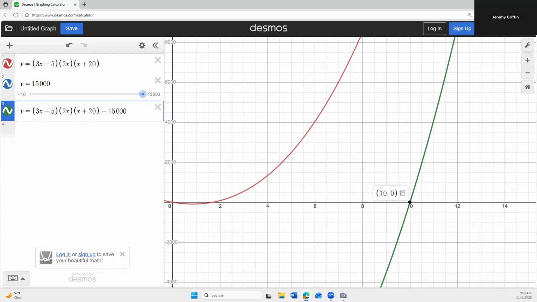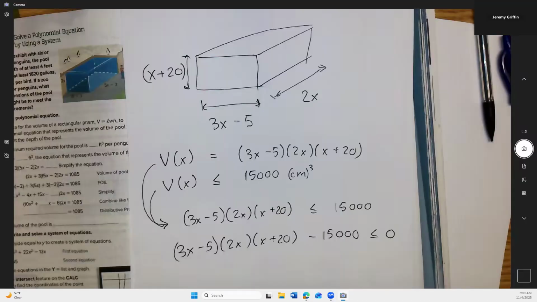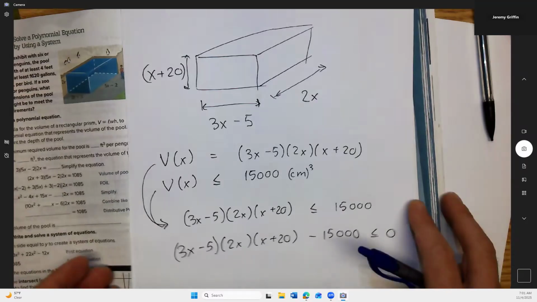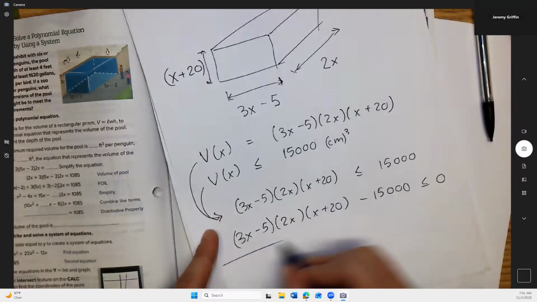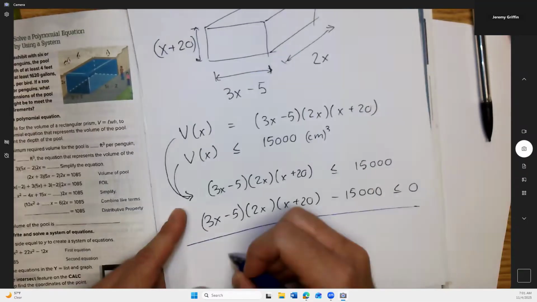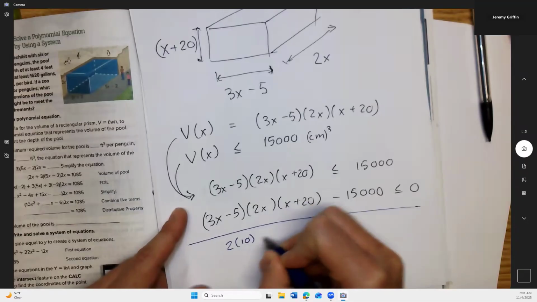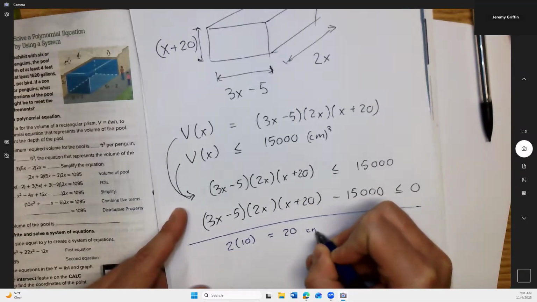All right, so I will just plug in 10 for x here and figure out what are the dimensions. So 2x, 2 times 10 would be 20. These are all in centimeters.